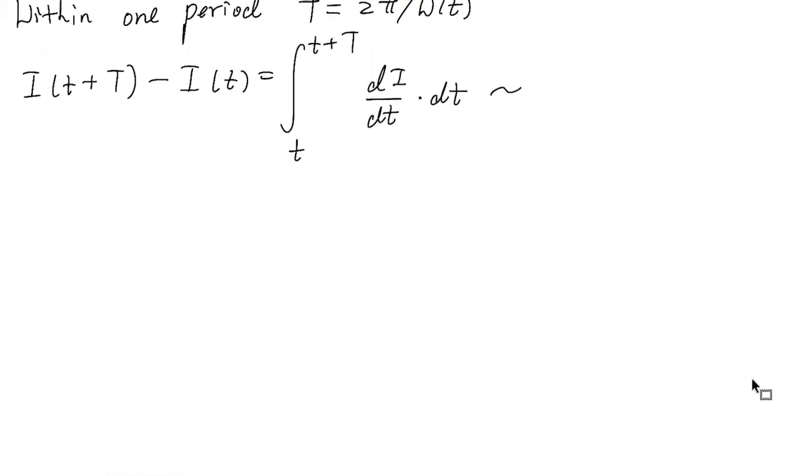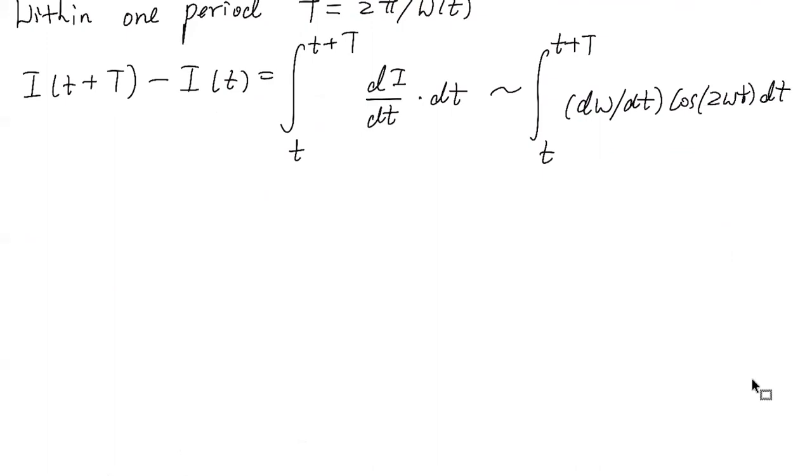And this is basically, if you ignore some constants, the integral from t to t plus T of d omega/dt times cosine 2 omega t dt.